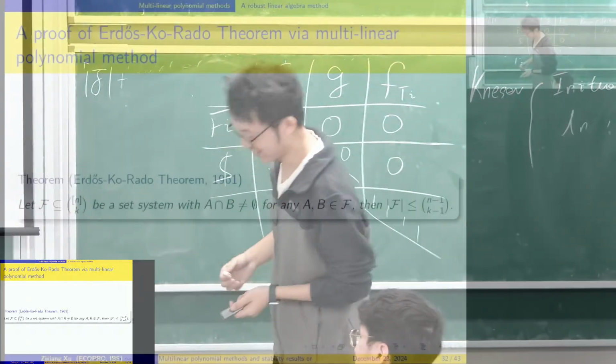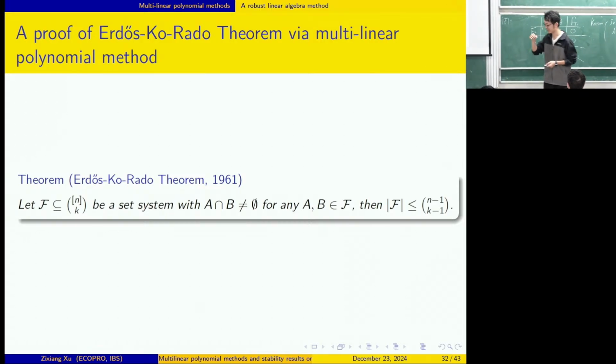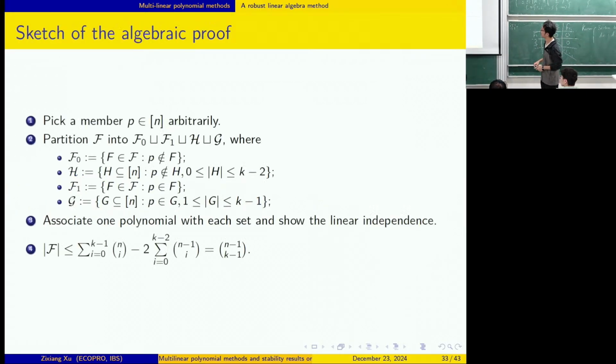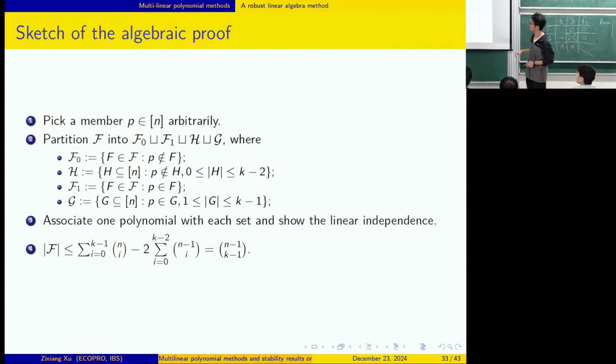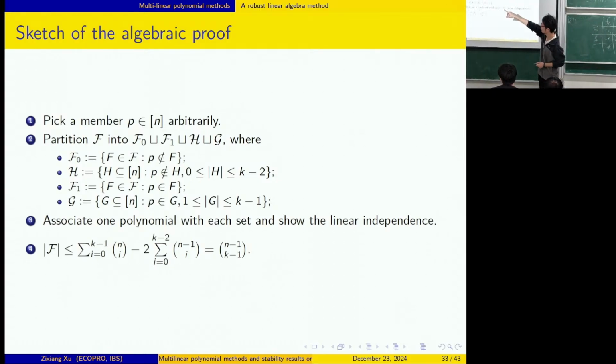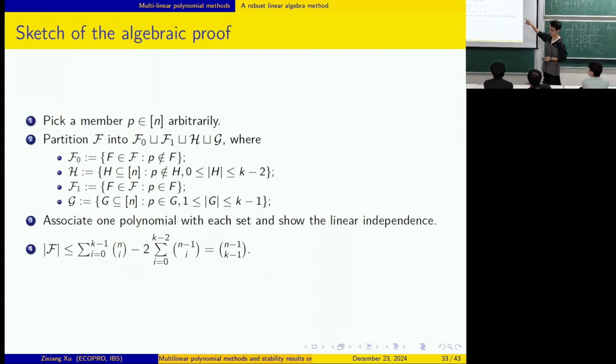Did you know about the proof of the EKR theorem using the multilinear polynomial method? Perhaps it's not very common. Here you can partition F into F0 and F1. So in total you can consider these 4 families and associate each with a sequence of polynomials.